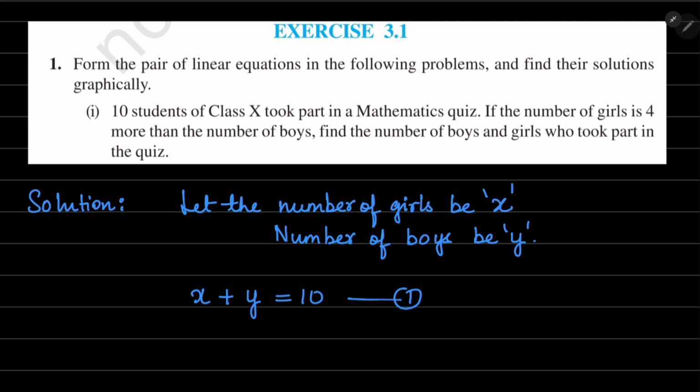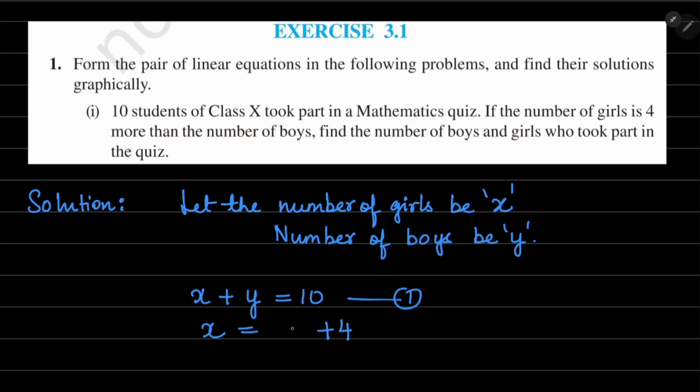And the second equation is, if the number of girls is nothing but x, then x is 4 more than the number of boys. X is 4 more than means plus 4. How have we denoted the number of boys?